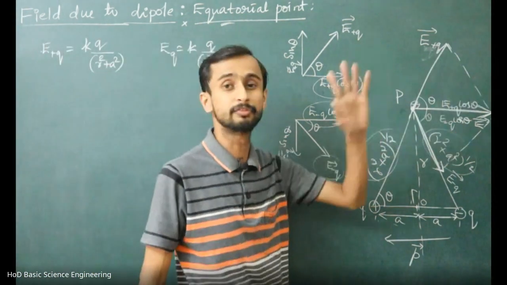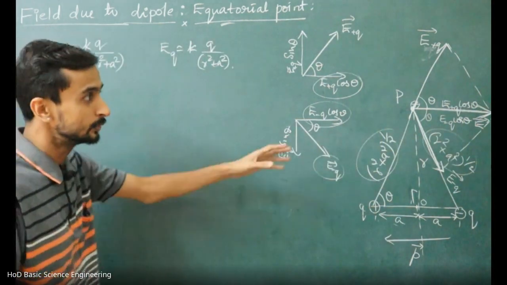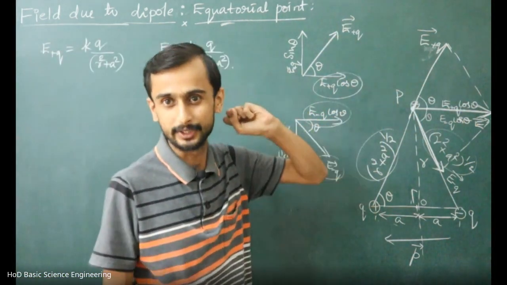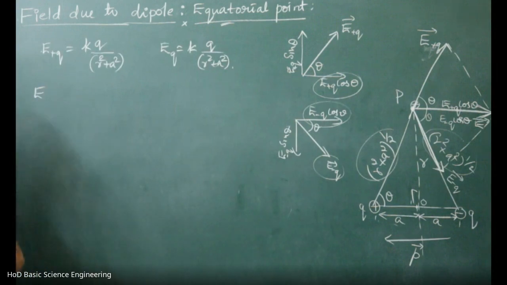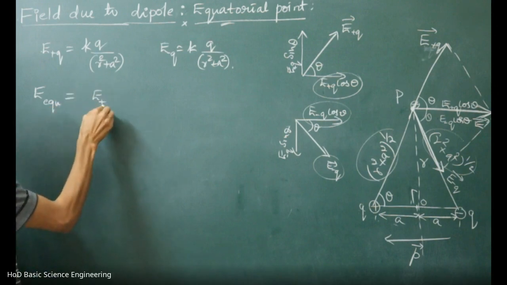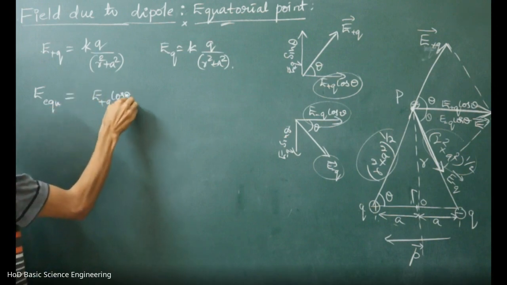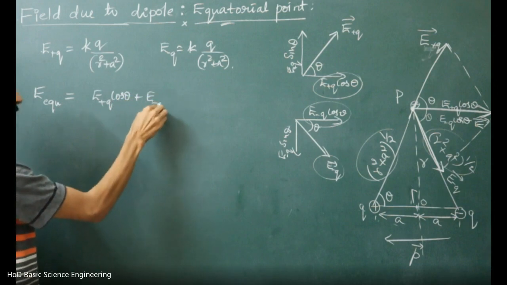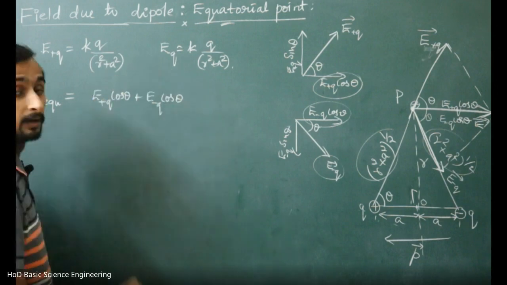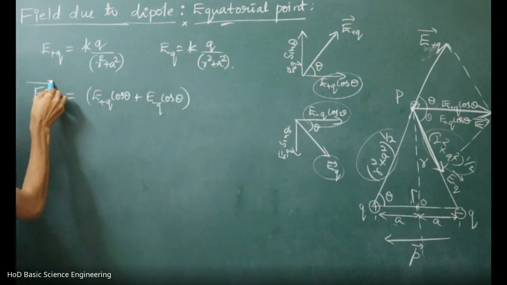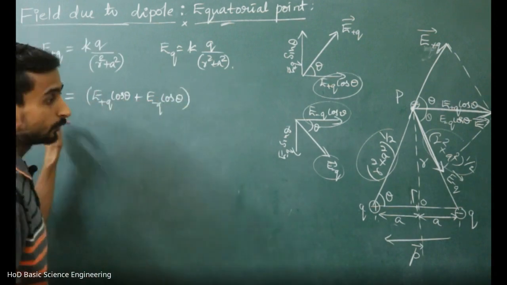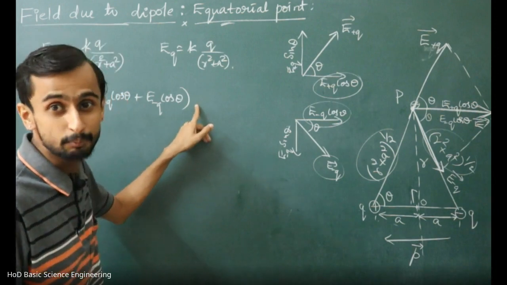Now, the net electric field, the total electric field at P, is due to those two horizontal components, so you have to add them. Therefore, I will write E net as E equatorial, which is E plus Q cos theta plus E minus Q cos theta. If you write it in vector form, you need to introduce the dipole moment.